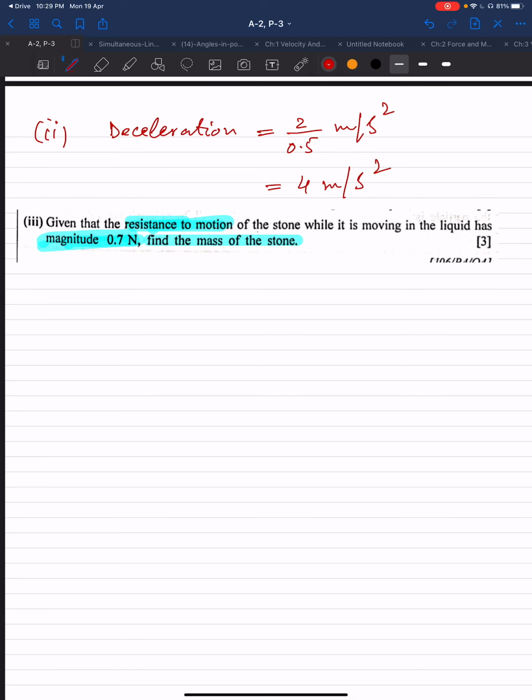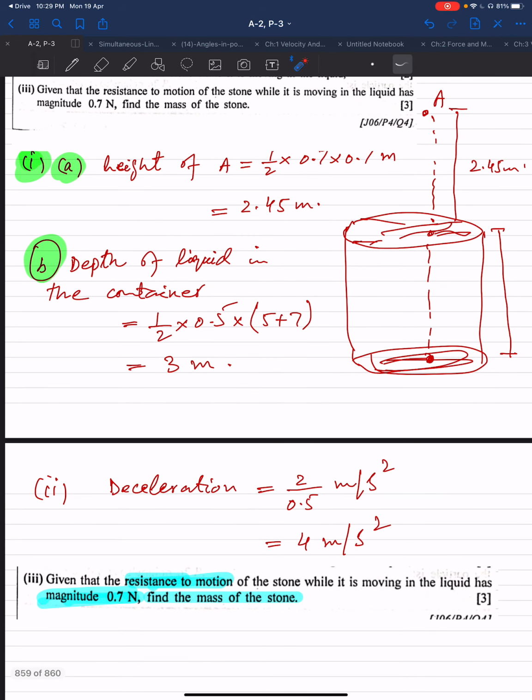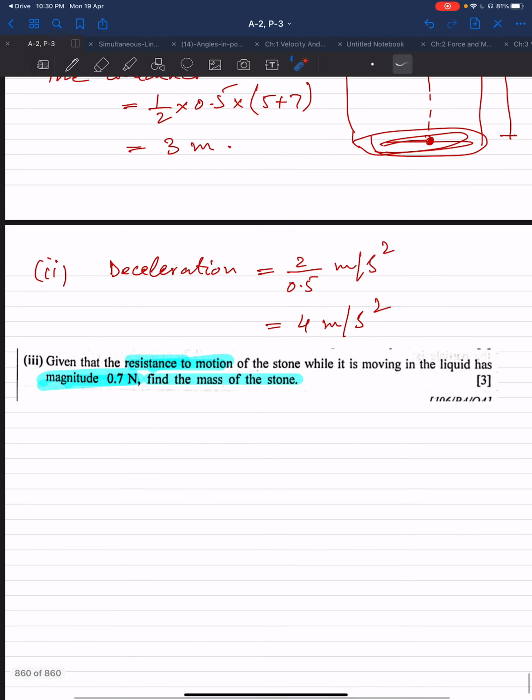So when the stone is thrown inside, what is its driving force? That which is bringing the stone downwards, that is its weight, and weight is mg. So the driving force which is driving the stone downwards is mg, that is weight.